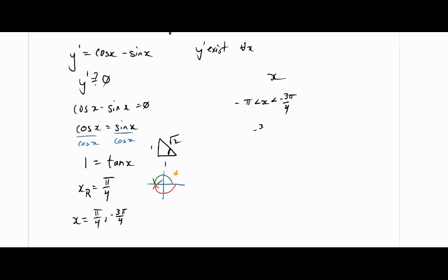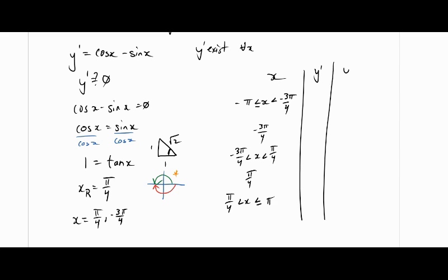And then negative 3 pi over 4 less than pi over 4. Less than or equal to, I missed that in the first one, less than or equal to pi. Oh, not f. Y prime and y.